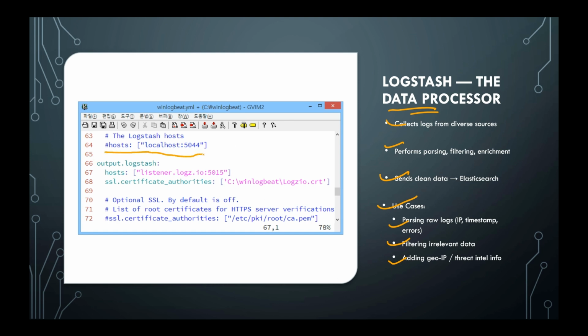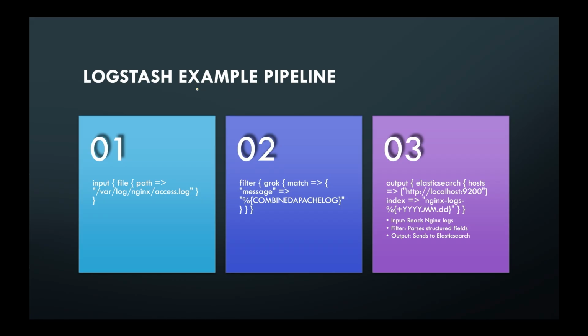So here you can see the configuration file. Then Logstash example pipeline. Logstash is ingesting data from an Nginx access log. You can see the path, the Nginx access log. Then filtering. It uses the grok filter to parse the log into structured fields like client IP, timestamp, HTTP method, etc. Then here number three we have output.